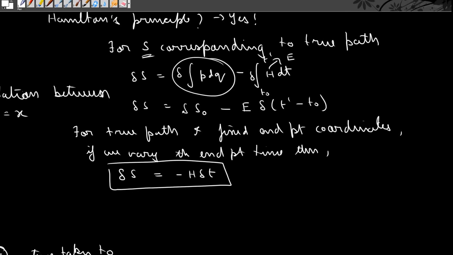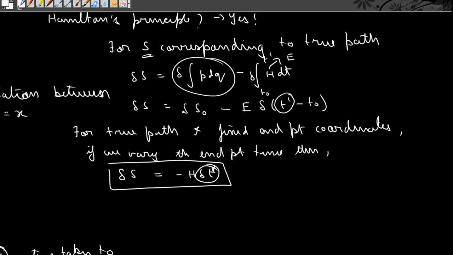So here we know that the endpoint coordinates are fixed, but our time is not fixed. If our time was also known, it would imply that this delta of t is going to be 0, and in our case the final time is represented by t dash, so I should write delta of t dash here.